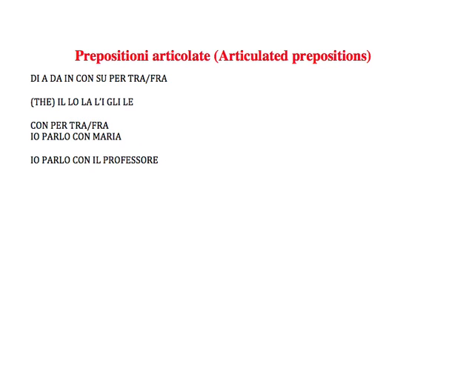But what is going to happen when an article follows di, a, da, in, or su? Okay, when an article follows di, a, da, in, or su, the article forms only one word combined with the preposition.